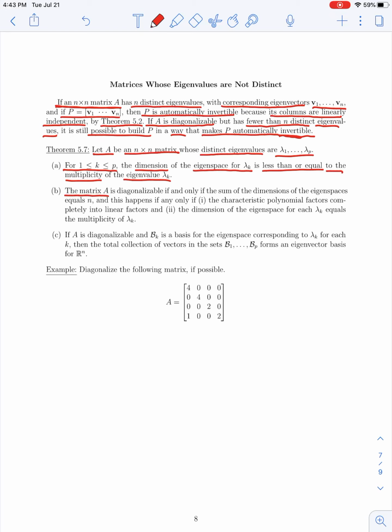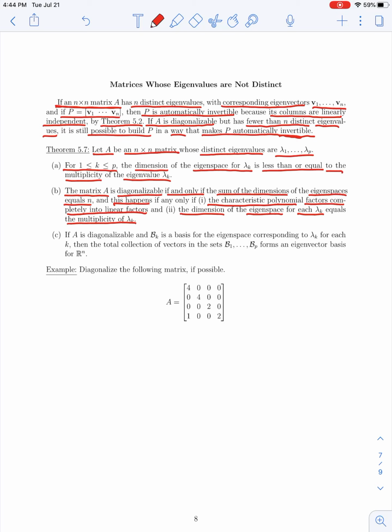Now part B of this theorem says the matrix A will be diagonalizable if and only if the sum of the dimensions of the eigenspaces is equal to n. And this happens if and only if two conditions hold. 1, the characteristic polynomial must factor completely into linear factors. And 2, the dimension of the eigenspace for each eigenvalue lambda k is exactly equal to the multiplicity of lambda k.